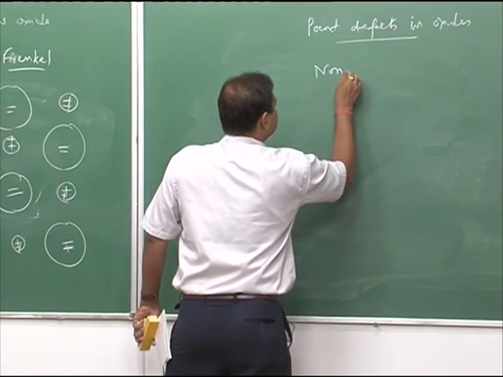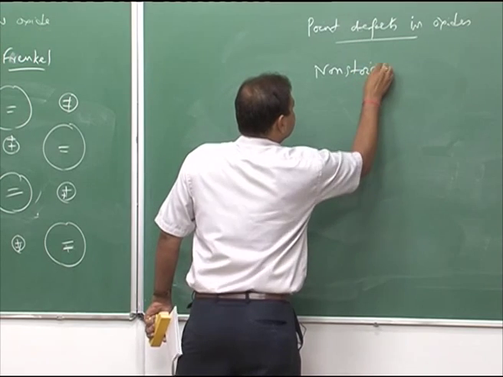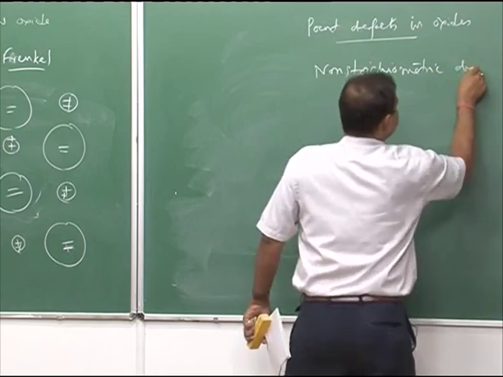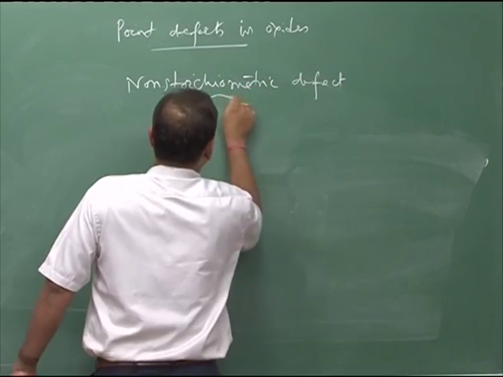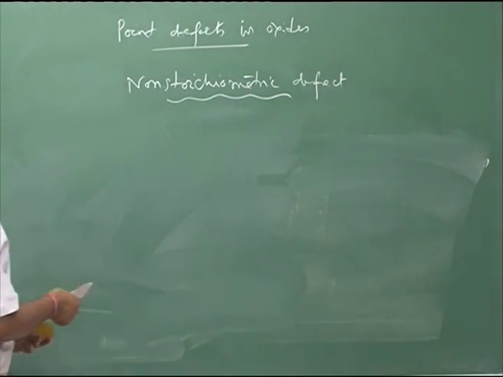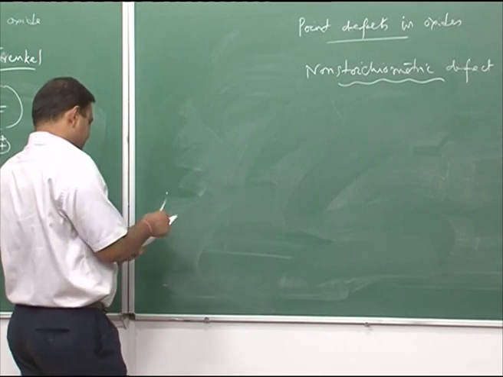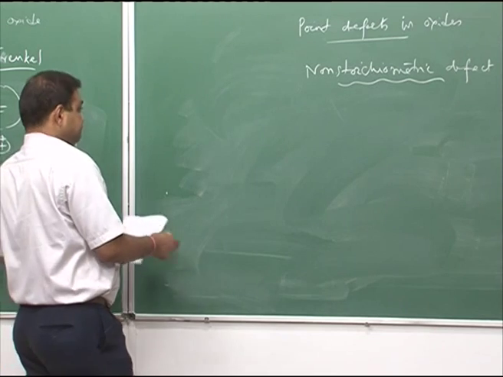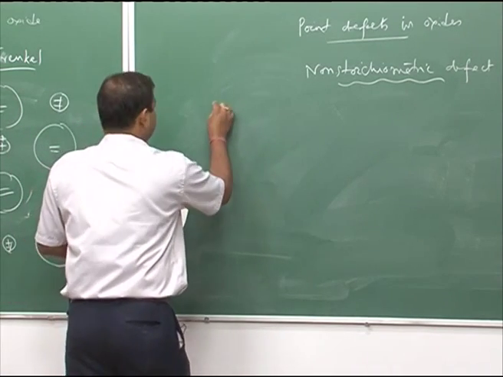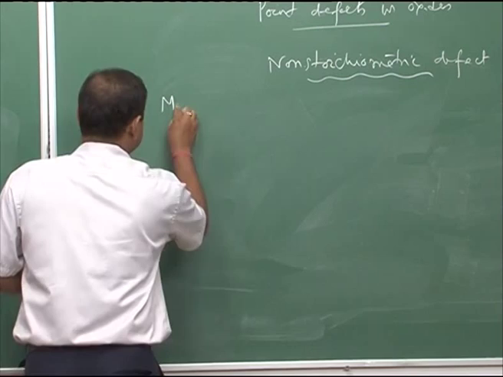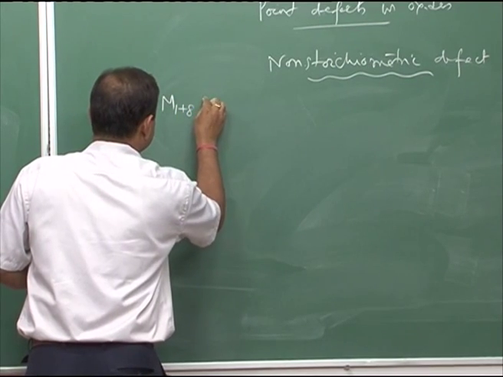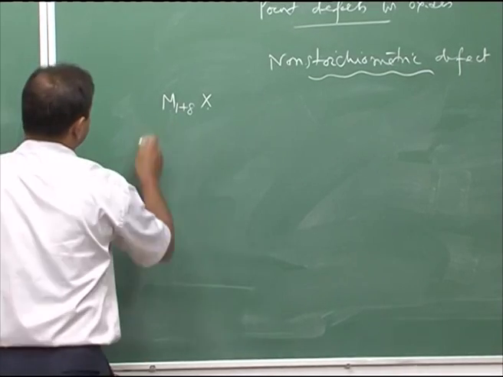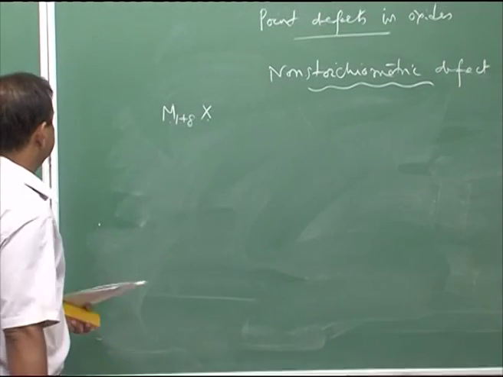So, non-stoichiometric defects, one could be n type. The defects are basically either metal excess, M 1 plus delta X, where X is anion and M is cation in the lattice.